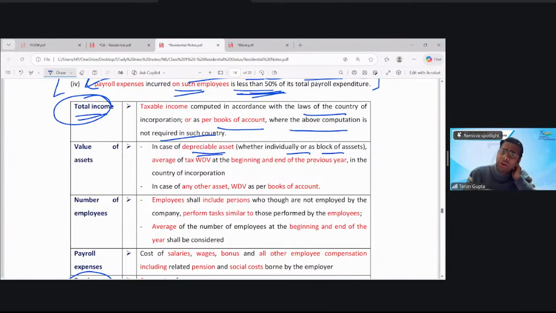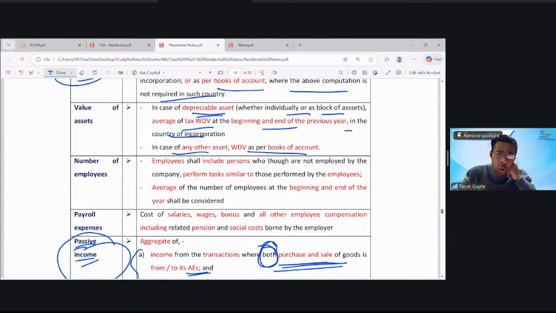If they give individual depreciation, then you take the value of the individual assets. If they give depreciation as a block of assets, similar to what India has, then you take the average of the block of assets. That is the average of tax WDV at the beginning and end of the previous year in the country of incorporation, as per that country. In case of any other asset, it is the WDV as per books of account.